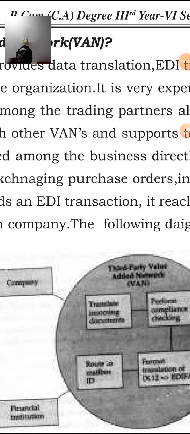For example, take the Amazon company. In Amazon's online e-commerce business, Amazon cannot have its own transportation company, so it ties up with a transportation company, maybe some courier service.